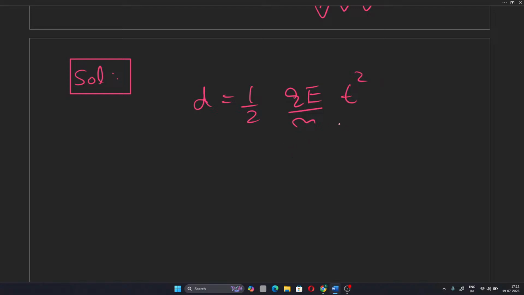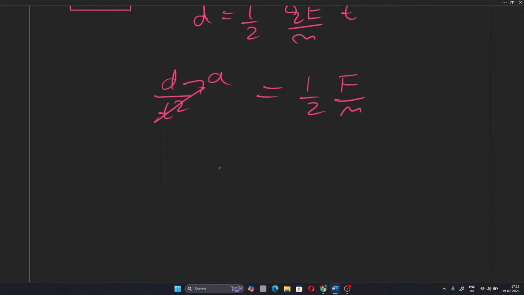This is basically derived from, we know that D by T square will become acceleration, and QE is force by mass. So it is force equals mass into acceleration, but there is a half here.